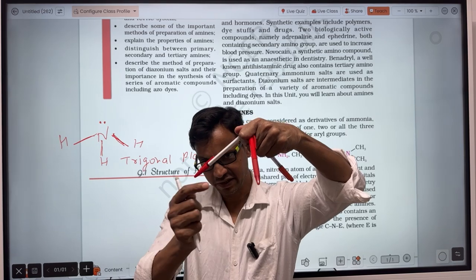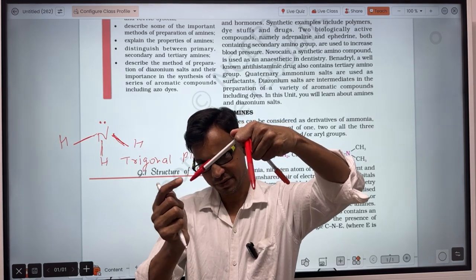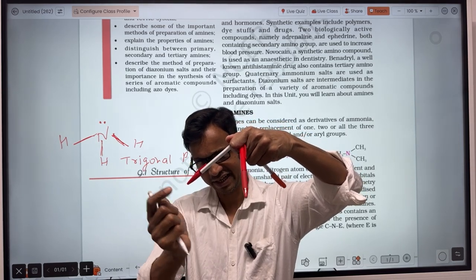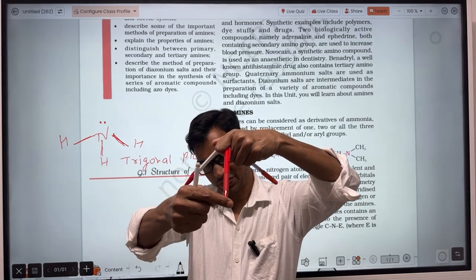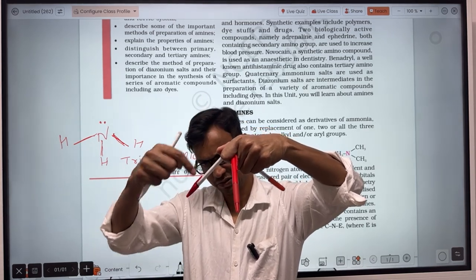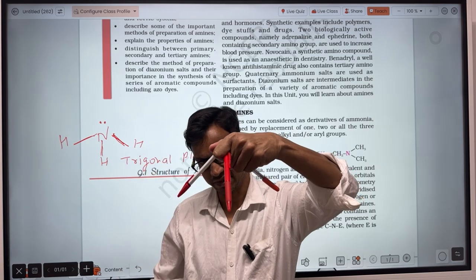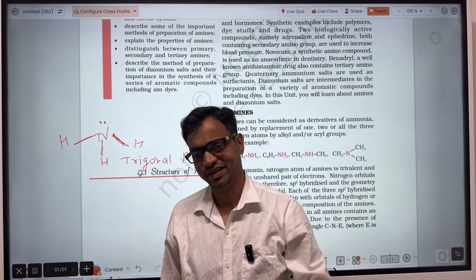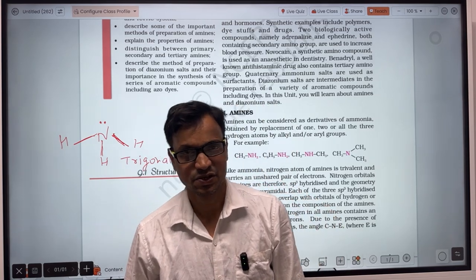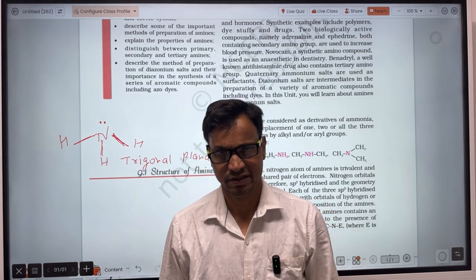When you join the centers of the hydrogen atoms, a triangle is formed, and nitrogen is above that triangle. When you join the hydrogens to the nitrogen, the shape will be like a pyramid. So that's why the shape of ammonia is trigonal pyramidal.